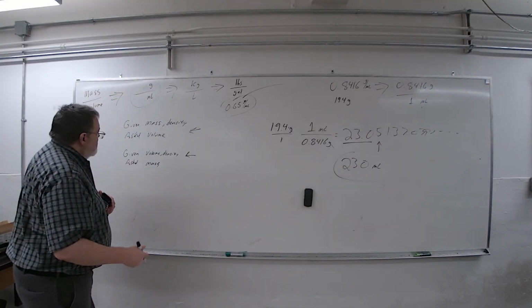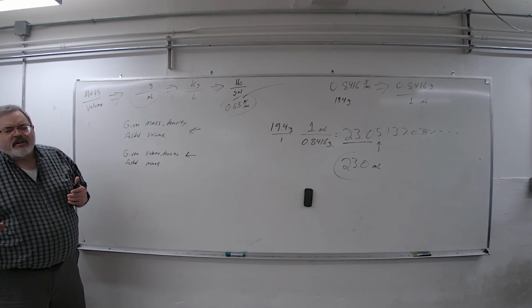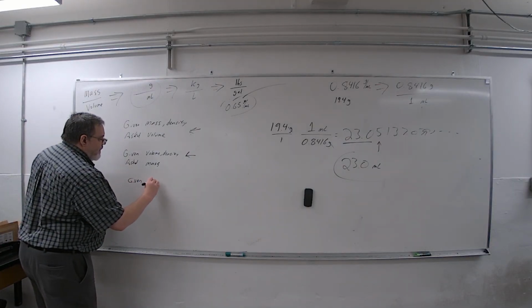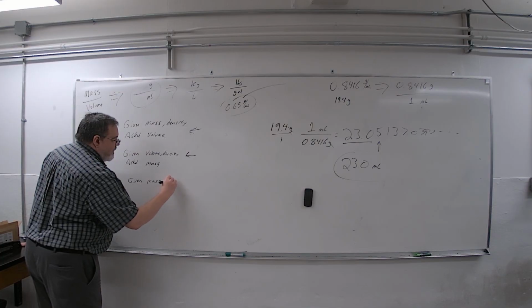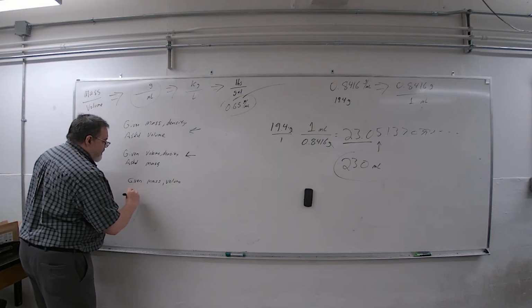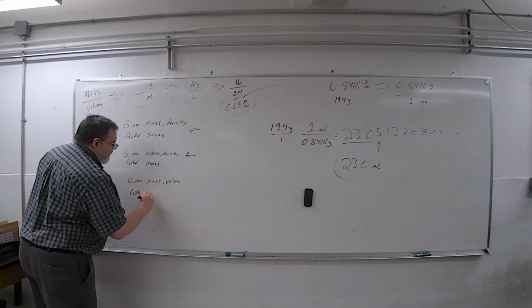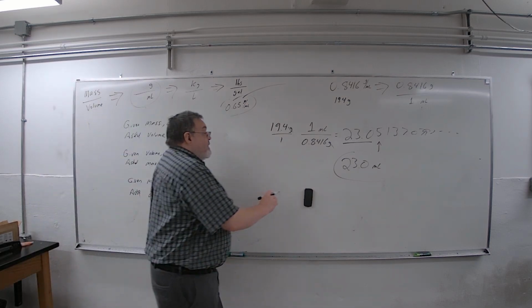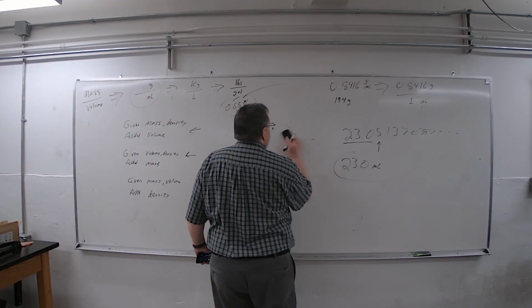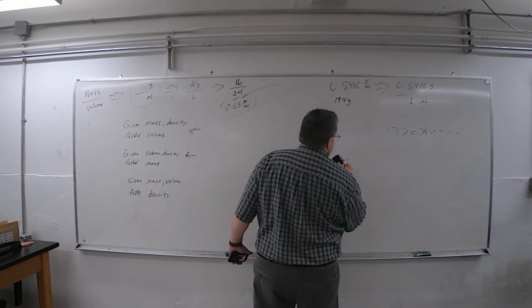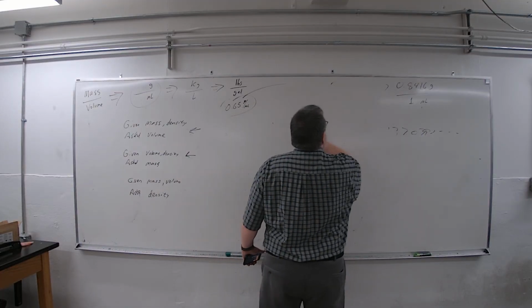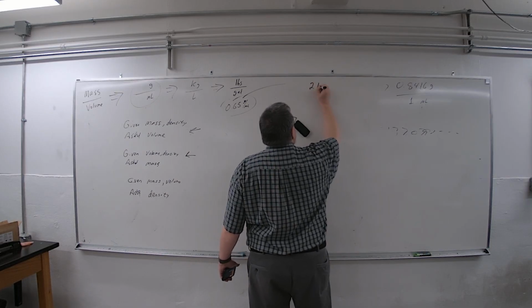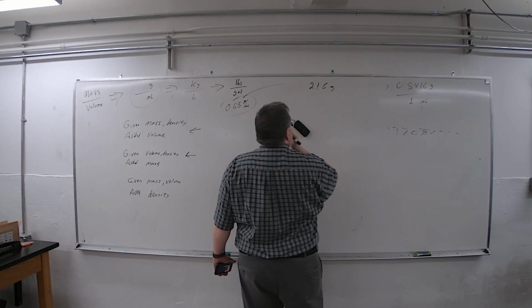The third way is you're literally being asked to calculate density. You're given the mass and volume, and you're asked for density. So in this case, you'll be given something like, I have a solution here, and it weighs 21.6 grams.